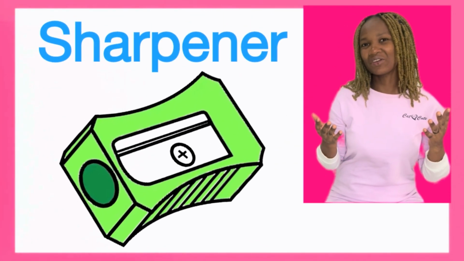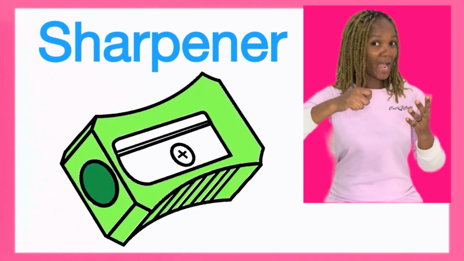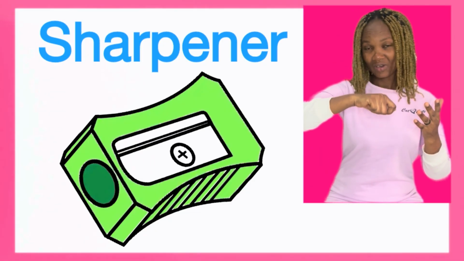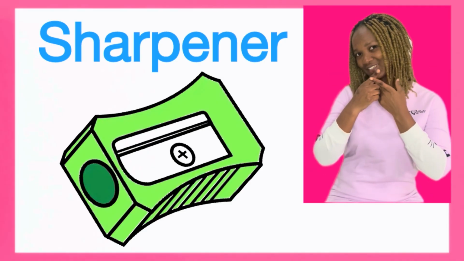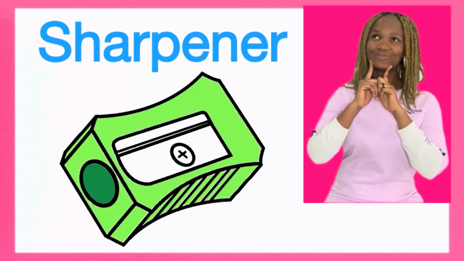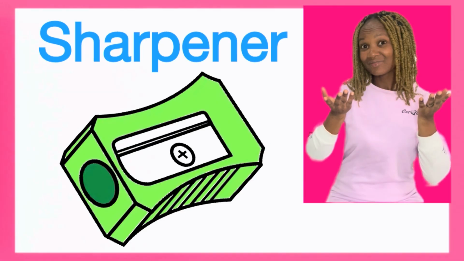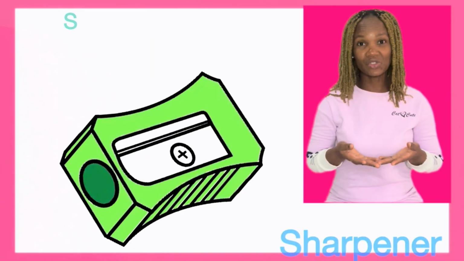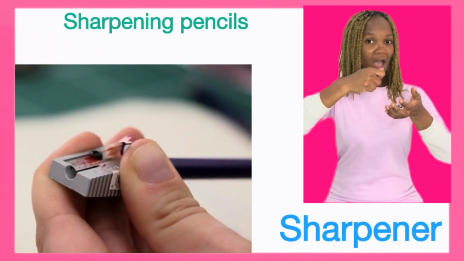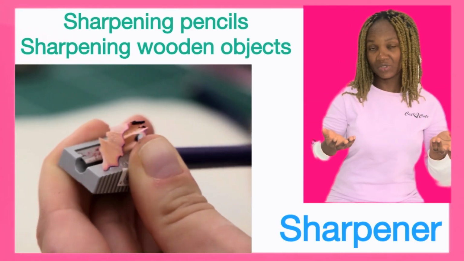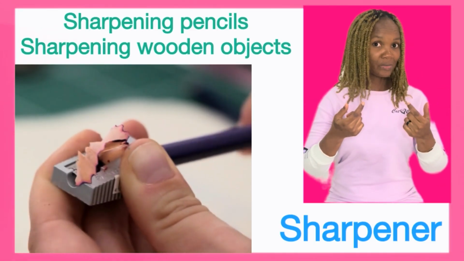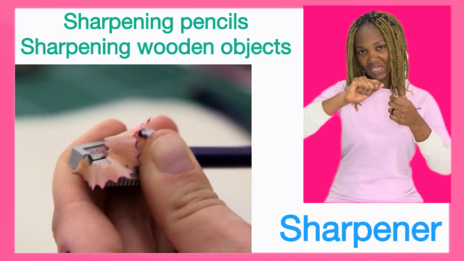With our next object, we have sharpener. Sharpener. What do we use a sharpener for? Can you guess? A sharpener is used for sharpening our pencils and any other object in the classroom that needs to be sharpened.